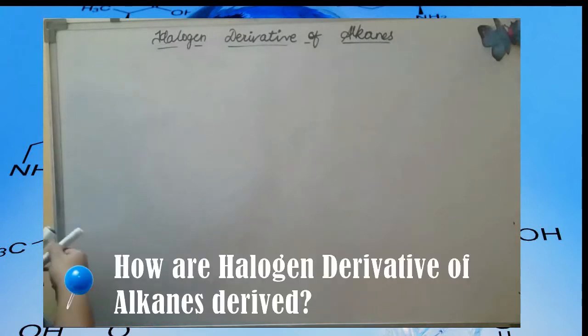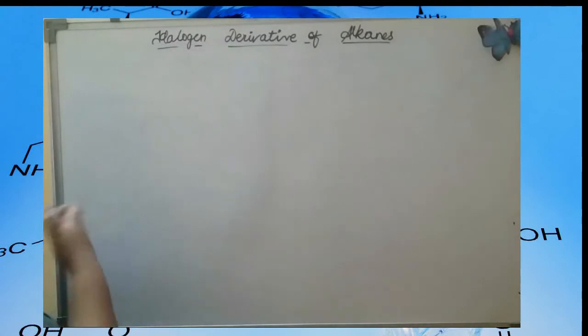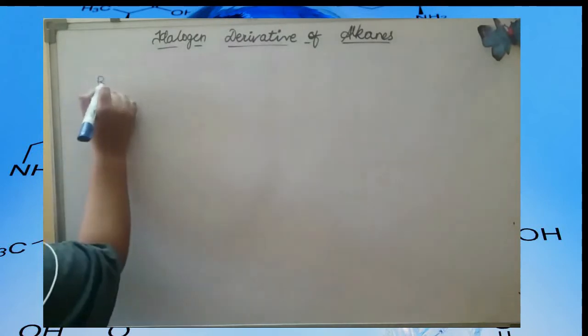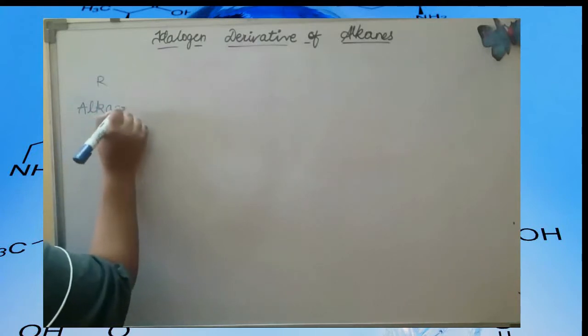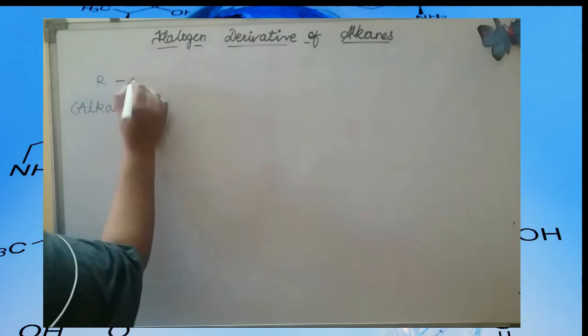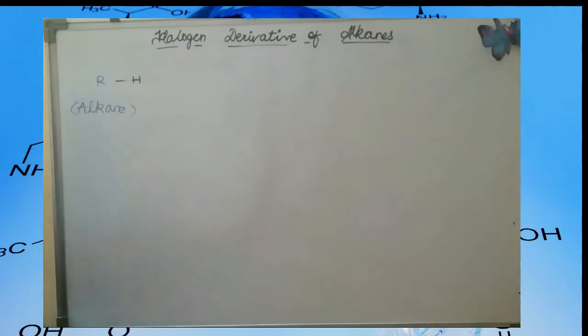Now we know what alkyl halides are. Let us consider some examples. Suppose this is an alkane, and this formula is known as alkane, aliphatic or aromatic. Aliphatic or aromatic means straight chain or branched or cyclic.